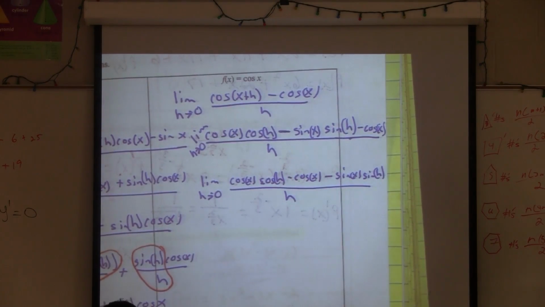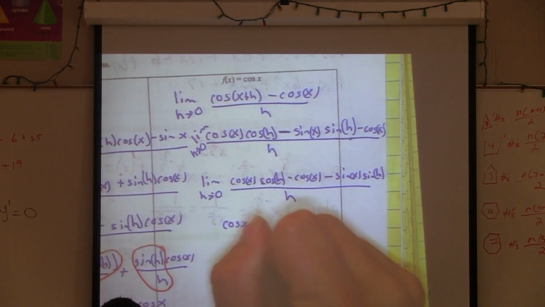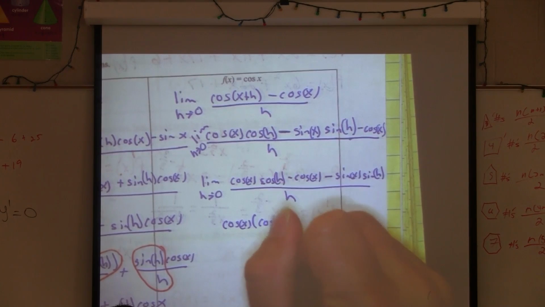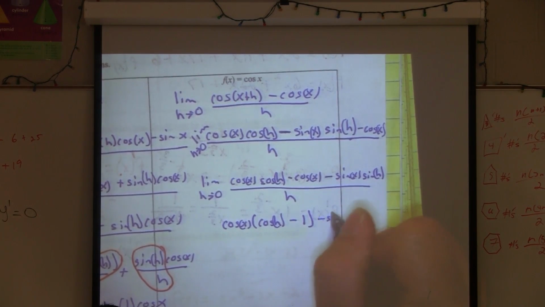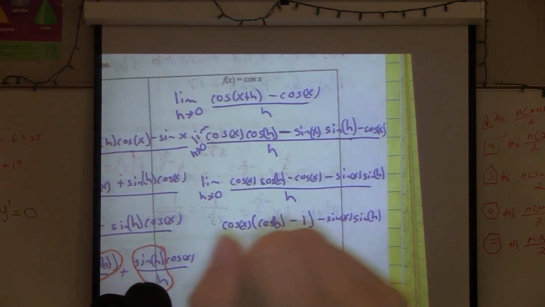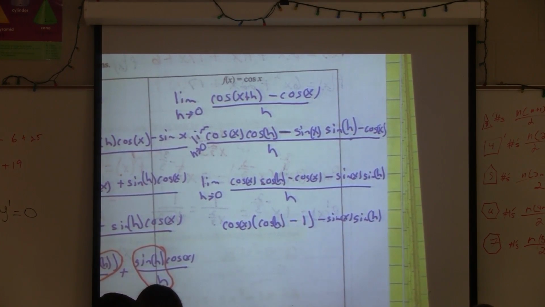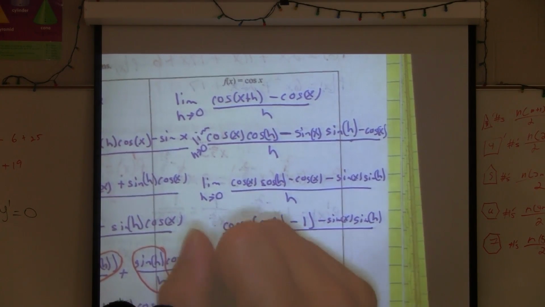Okay. And you said to take out a cosine, right? So cosine of x times cosine of h minus 1, minus sine of x sine of h, all over h.